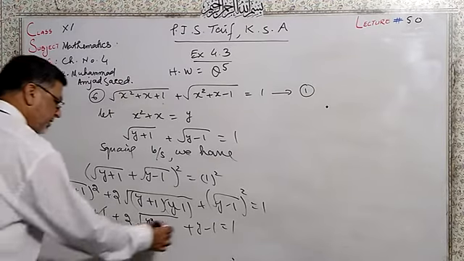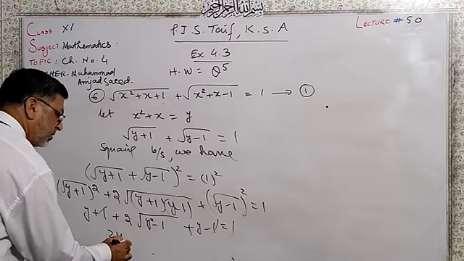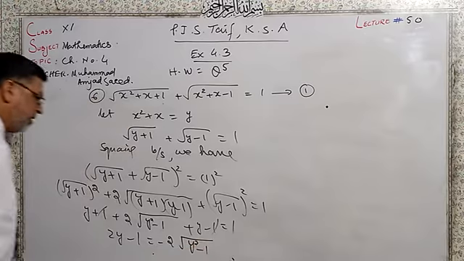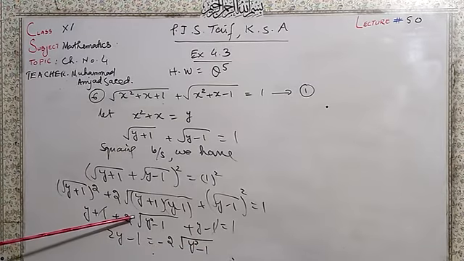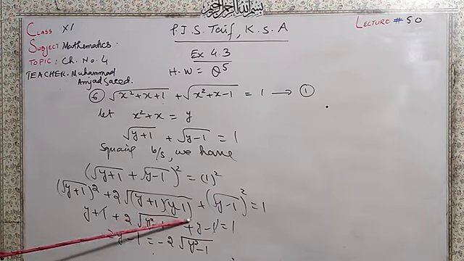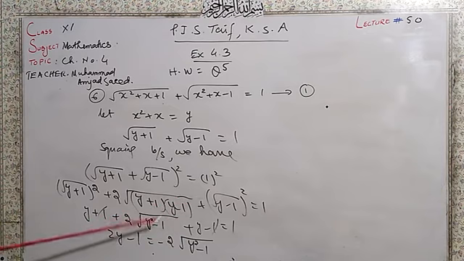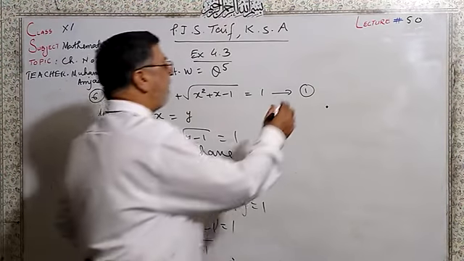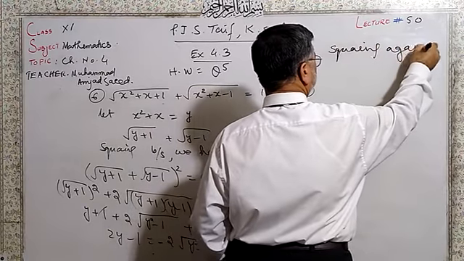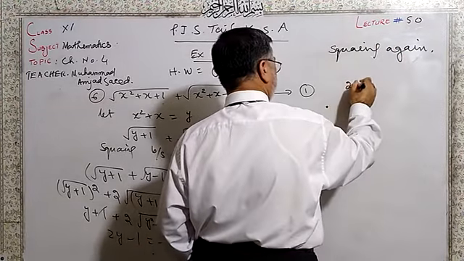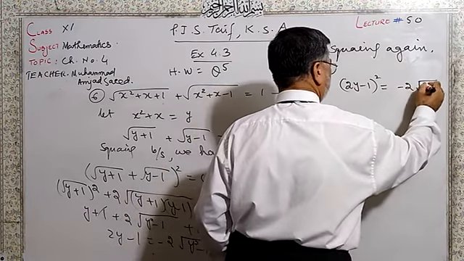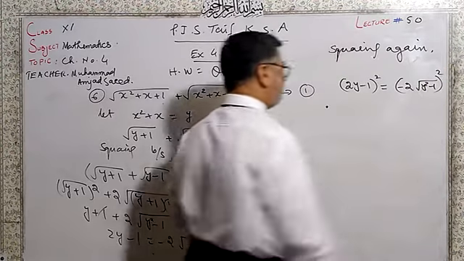Here we will have 2y minus 1 is equal to minus 2 into square root of y square minus 1. Remember that I have shifted 2 into y square minus 1 under root on the right hand side. Y plus y is 2y, and brought this one to the left hand side. Squaring again, we have 2y minus 1 whole square is equal to minus 2 into square root of y square minus 1 whole square.